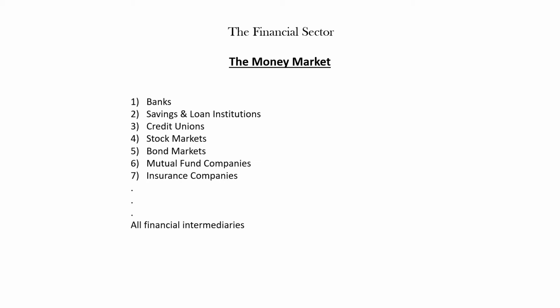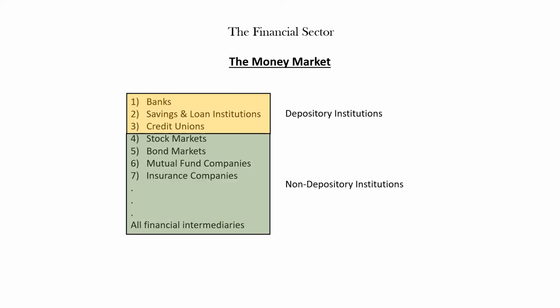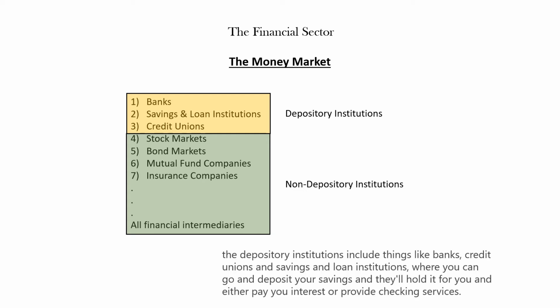And we'll talk about what that is in just a second. And we can divide it into two types: depository institutions and non-depository institutions. The depository institutions include things like banks, credit unions, and savings and loan institutions, where you can go and deposit your savings and they'll hold it for you and either pay you interest or provide checking services.